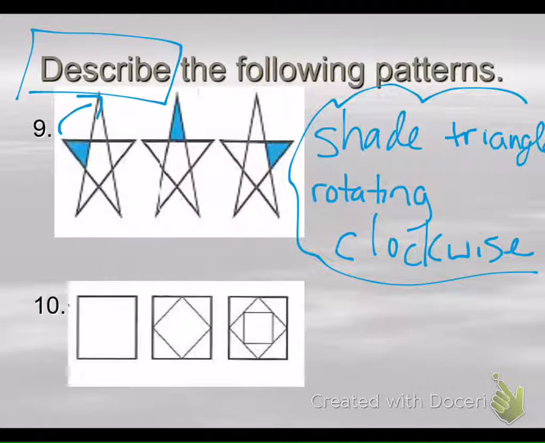Number 10. I don't know how to describe that. So you're drawing a diamond inside. Basically, it's getting smaller. The square and diamond are getting smaller.